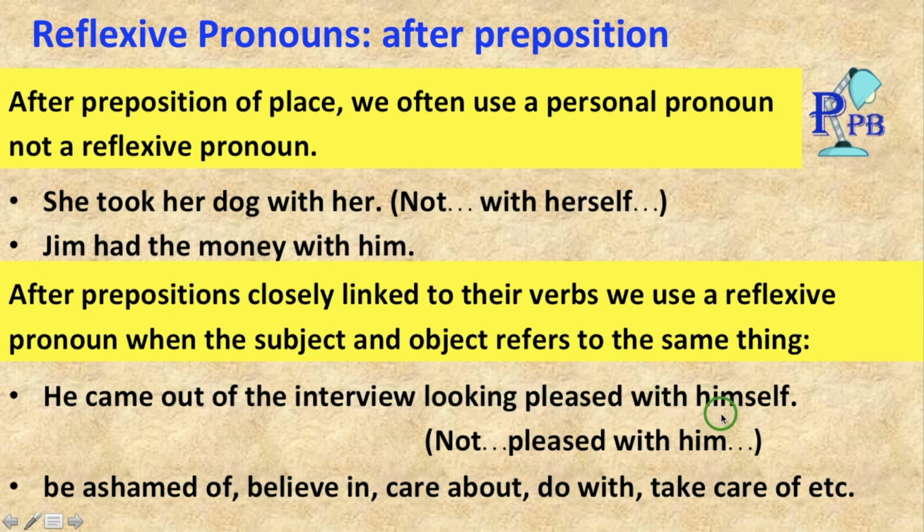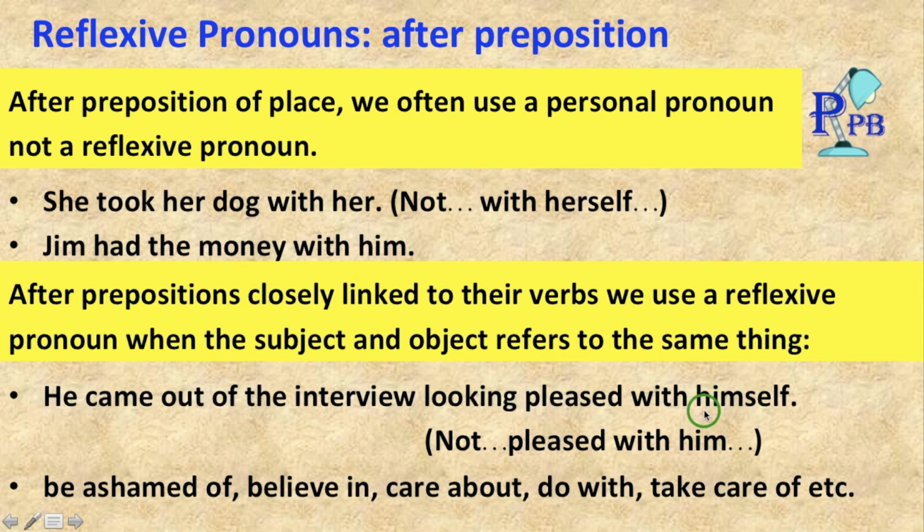Here the preposition is closely linked to the verb. There is an action referred to here, and the subject and object refer to the same person, that is, pleased with himself. Himself and he are the same person.